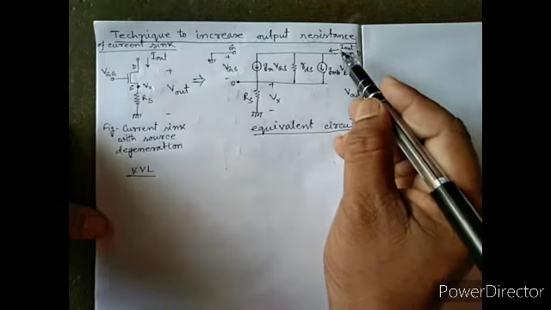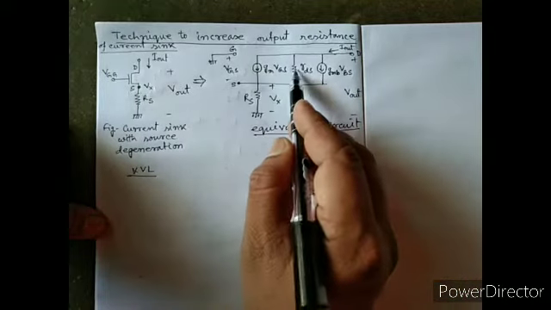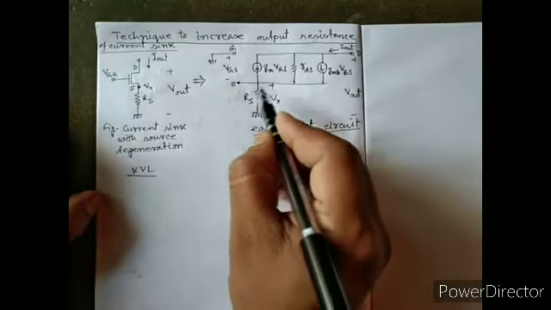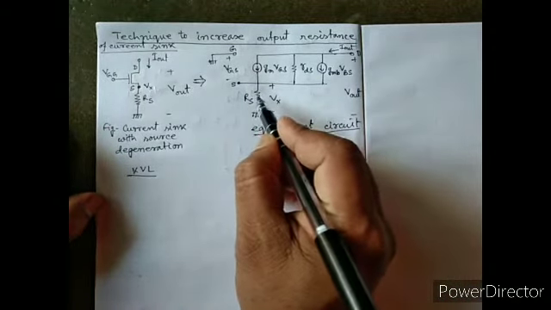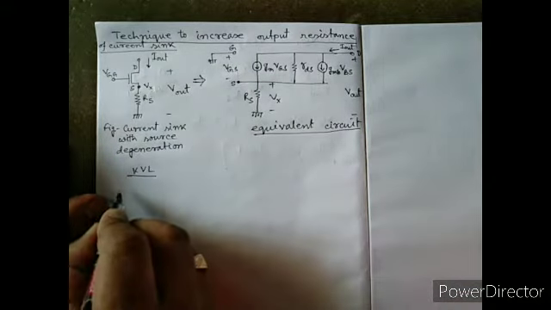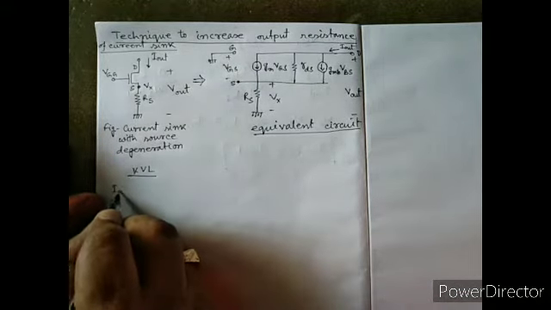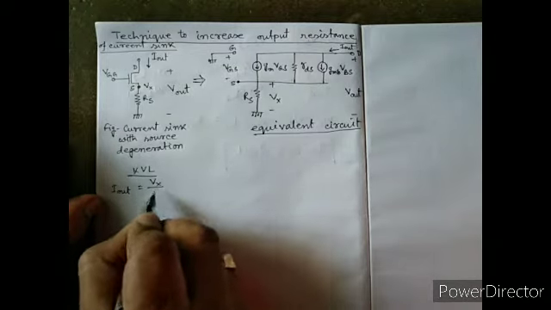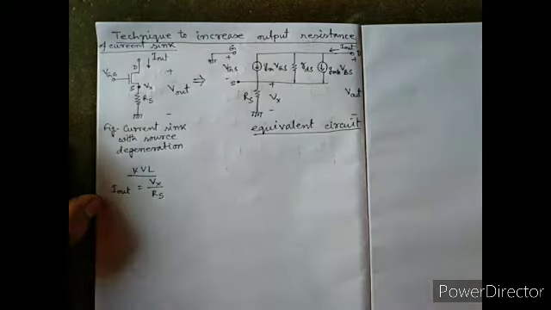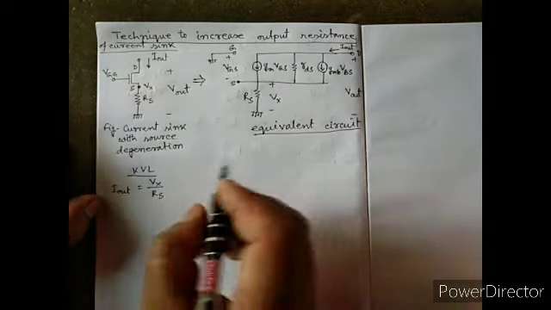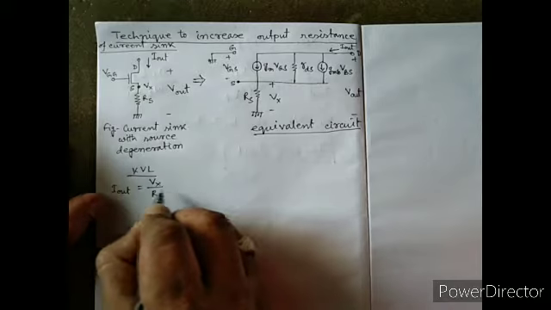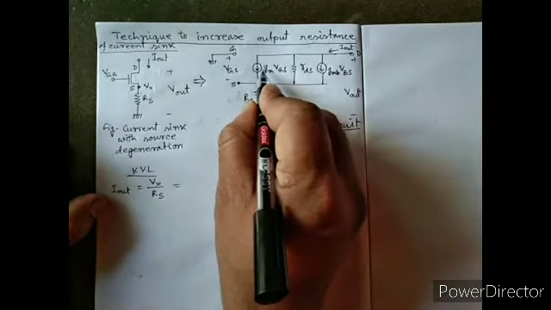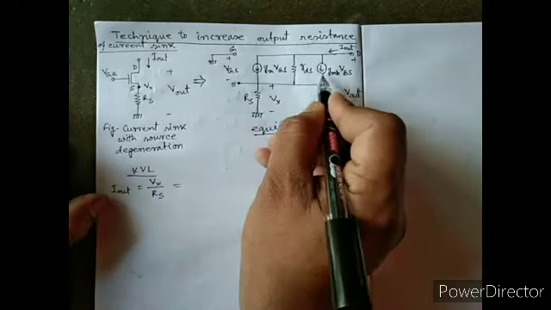So I out is the summation of the two branch currents, and this I out passes through RS. So we can write I out equals Vx by RS. And I out equals the summation of this branch current and this branch current.